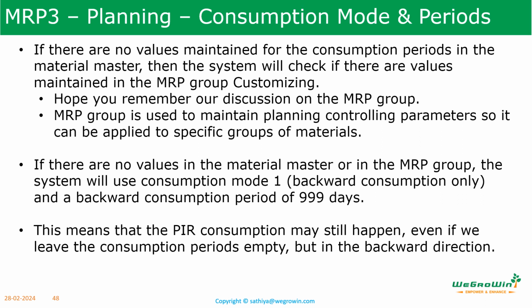If there are no values in the material master or in the MRP group, the system will use consumption mode 1, that is backward consumption only, and the backward consumption period of 999 days. This means that PIR consumption may still happen even if we leave the consumption periods empty, but in the backward direction, up to 999 days. So this is a very important point to note.